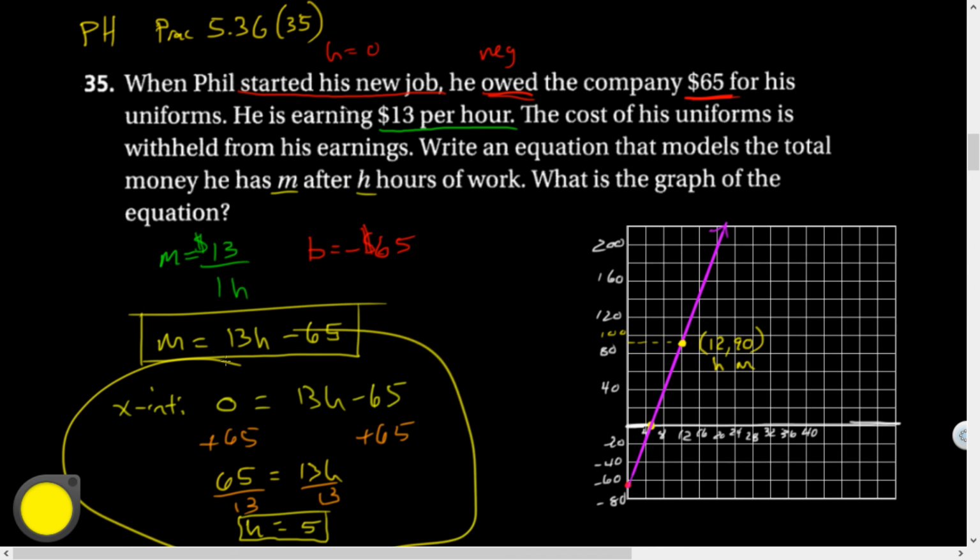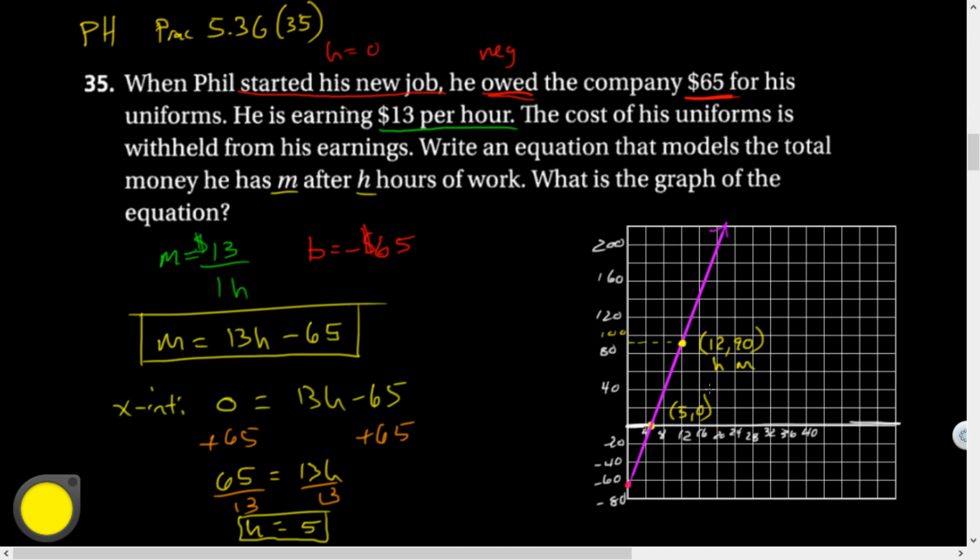That was when he finally paid back the company, when he broke even and had 0 money again. How many hours did he work? For the x-intercept, that was the point 5, 0. That means after 5 hours of work, he finally had 0 money, right? So that was rough. He had to buy uniforms.